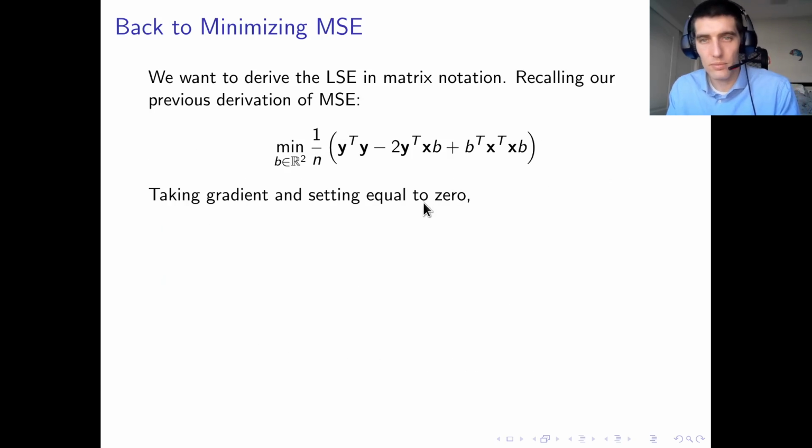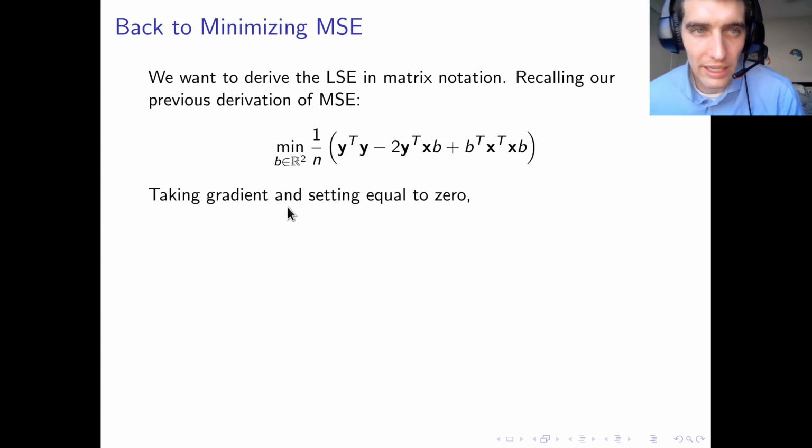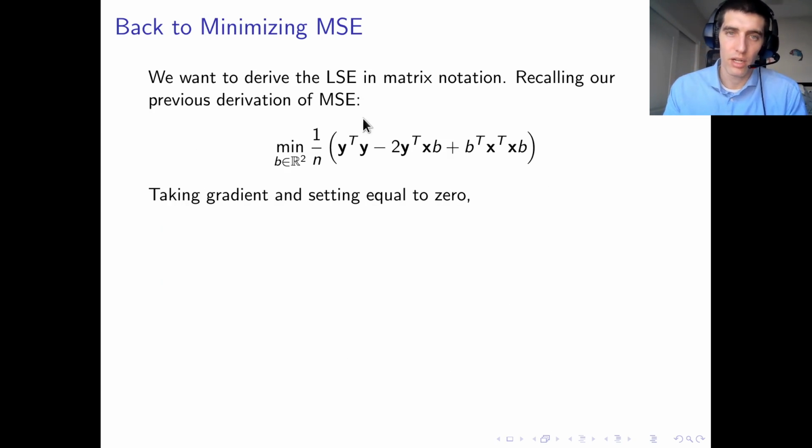All right. Okay, so let's go back to minimizing our mean squared error. We have introduced, and hopefully reminded, some facts about matrix calculus. So we're going to rederive again the least squares estimator, this beta 0 and beta 1 hat, in matrix notation.